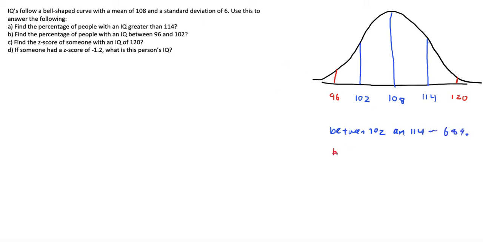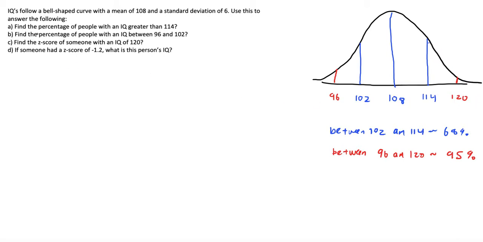And similarly, between 96 and 120, that will be approximately 95%. Now, it's not exact, but it's pretty close. And once again, because this is symmetric, we can sort of play around with the numbers, and we can get the percentages of these certain sections as well, right?